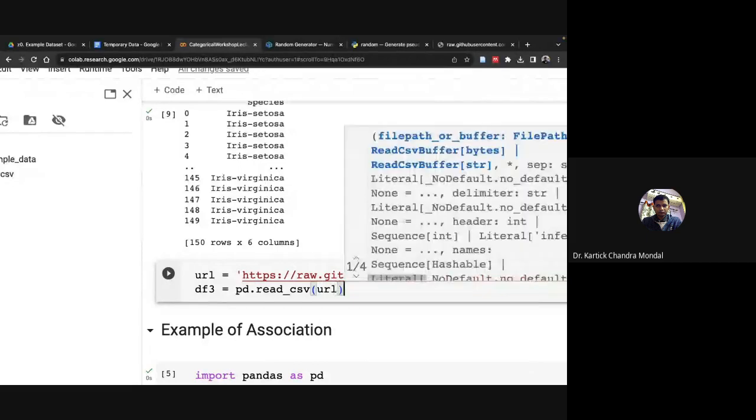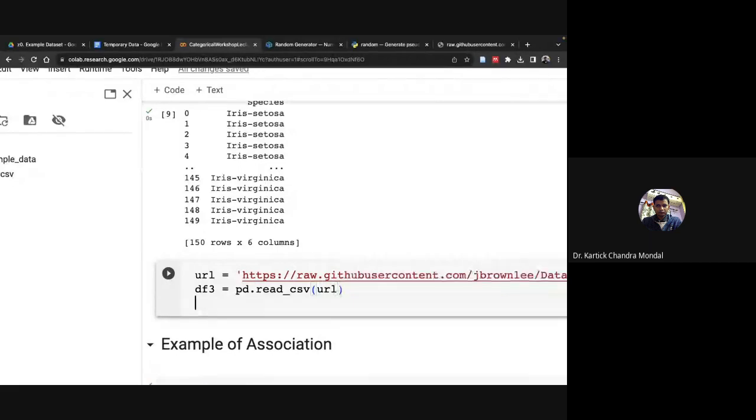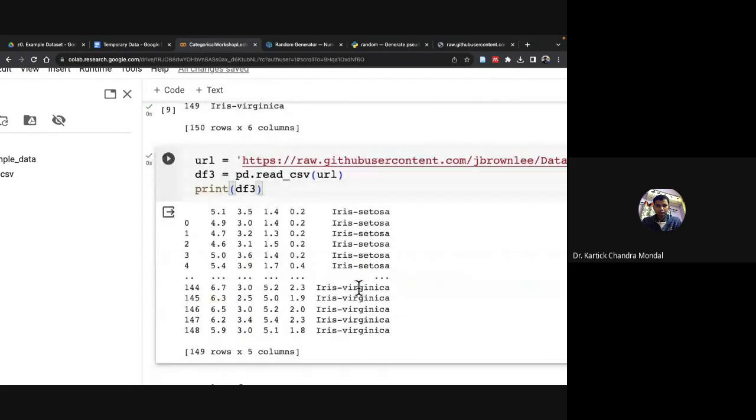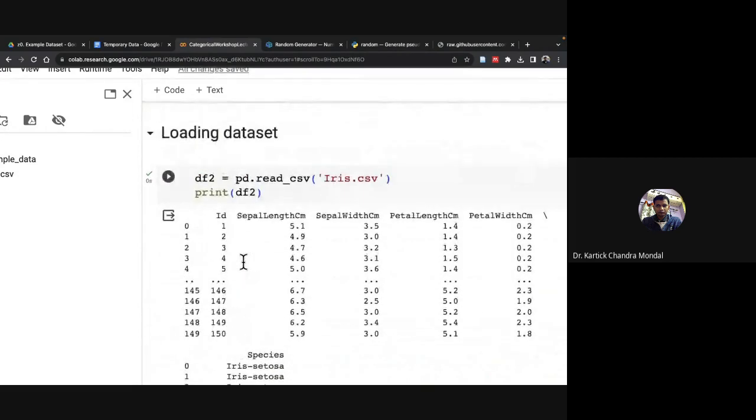Now you print df3. The data set is already loaded here in df3. Okay, clear? Any doubt or any queries you want to ask?